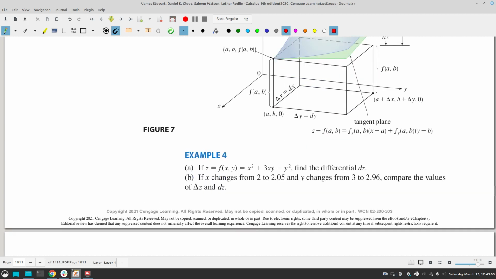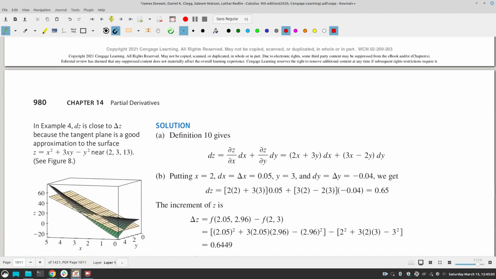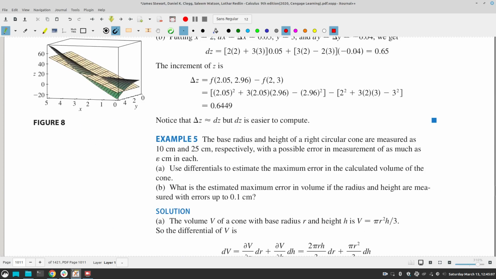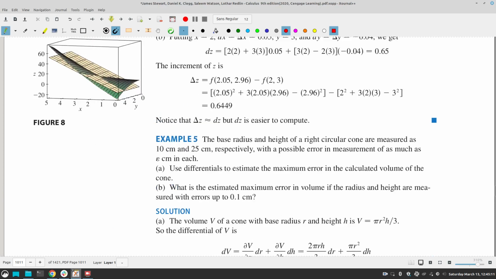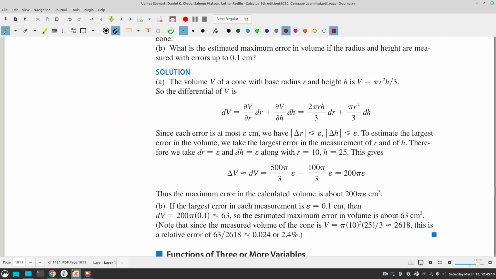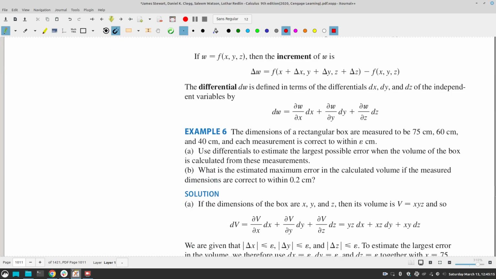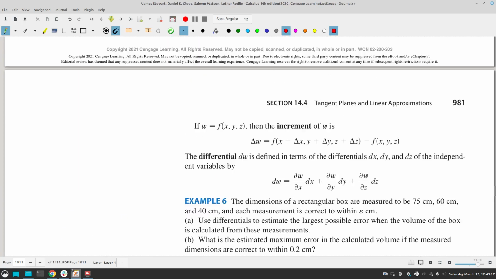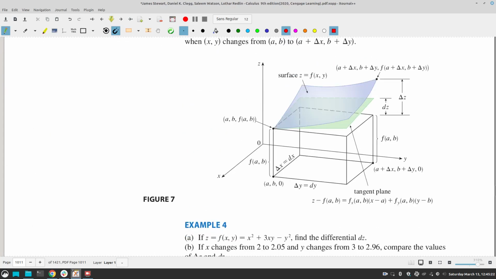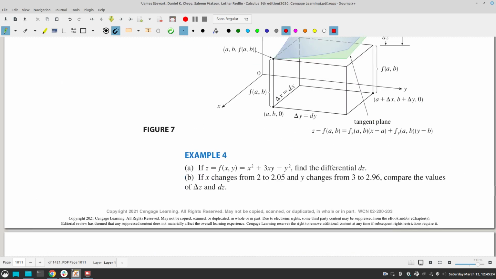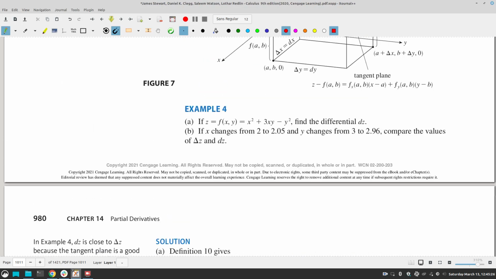So that's that. Let's look at this example, and with that we will wrap up this lecture. Examples 5 and 6, I would like you to look up on your own. Okay, so let's look at example 4. You have a surface given by z equals f of x, y equals x squared plus 3y squared minus y squared.